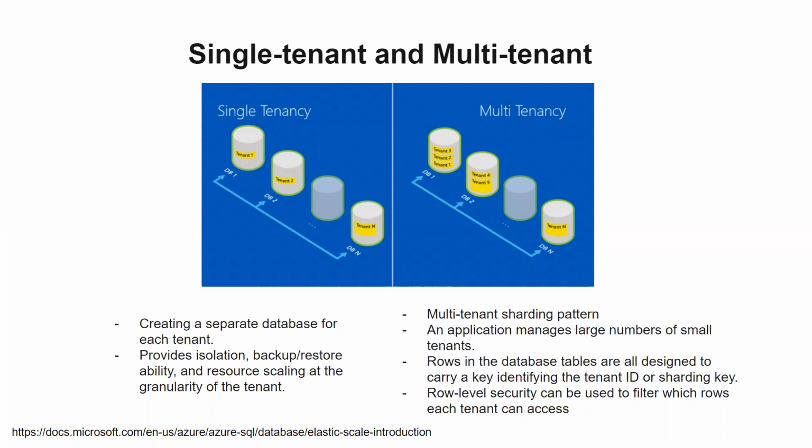For the single tenancy, the backup and restore ability basically allows specific tenants to back up their data and retain it with them. So if I have two companies, A and B, and I'm hosting their data on different shards, each of them can have their own backups.